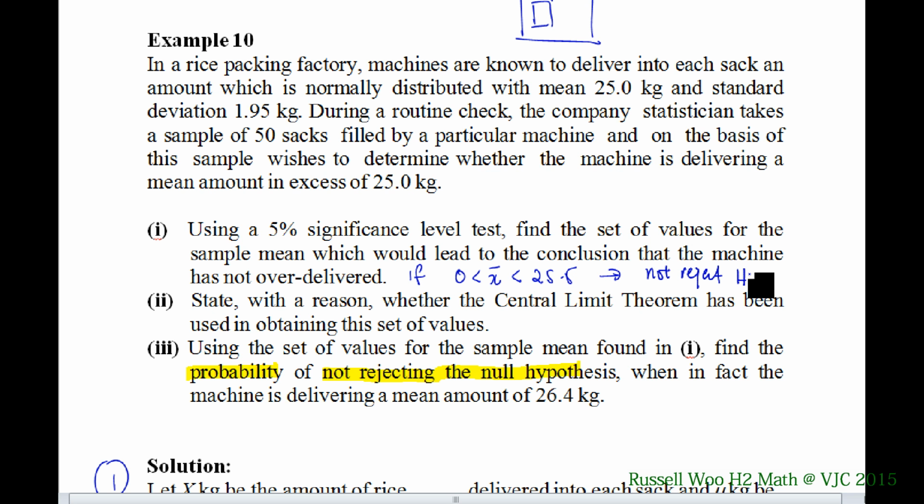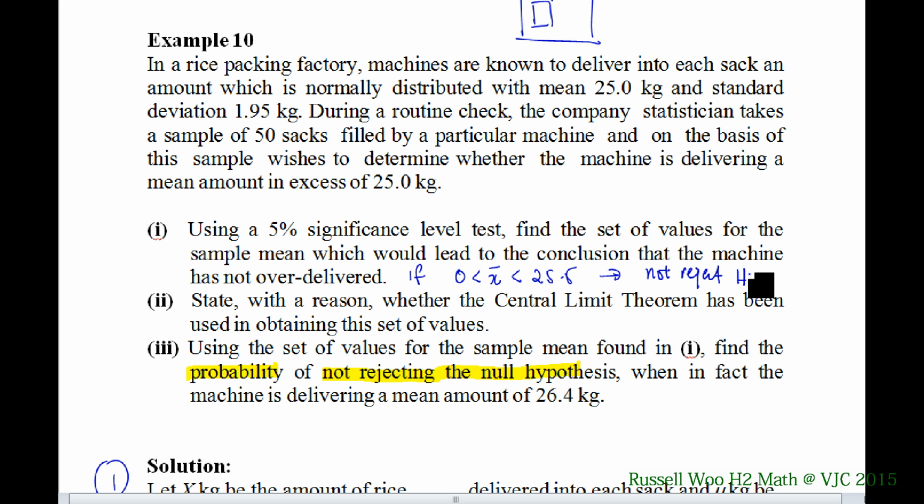Correct? Basically that was what we found in part 1. To summarize our answer in part 1, if your sample mean found was between 0 and 25.5, you won't reject it.